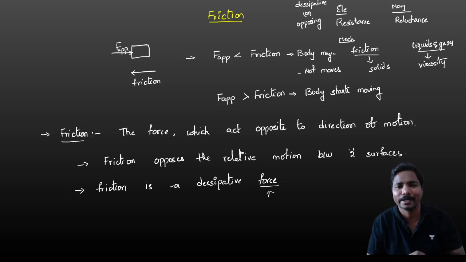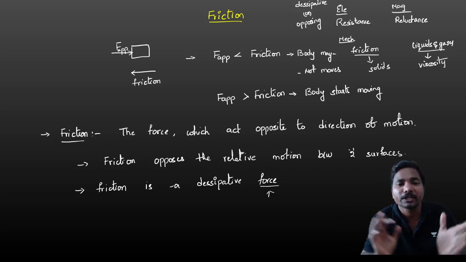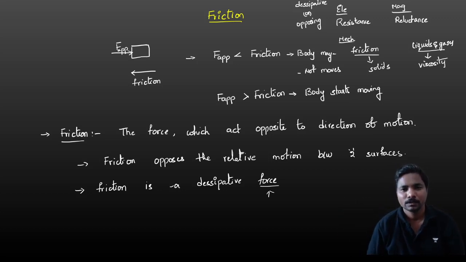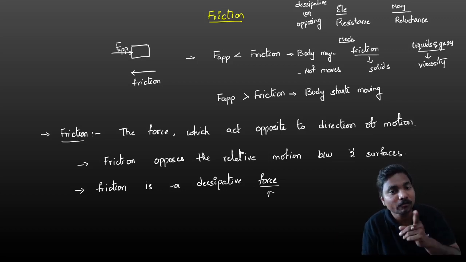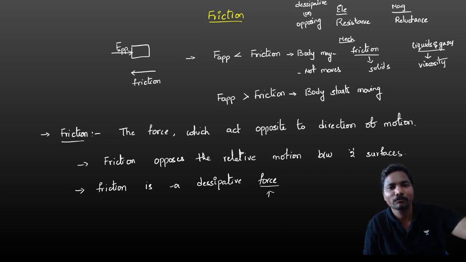Just imagine, guys, if there is no friction, what will happen? Can we walk? We can't walk. Why? Because whenever we place our foot on the surface, it will slip and we may fall down. We may not be able to brake our vehicles.